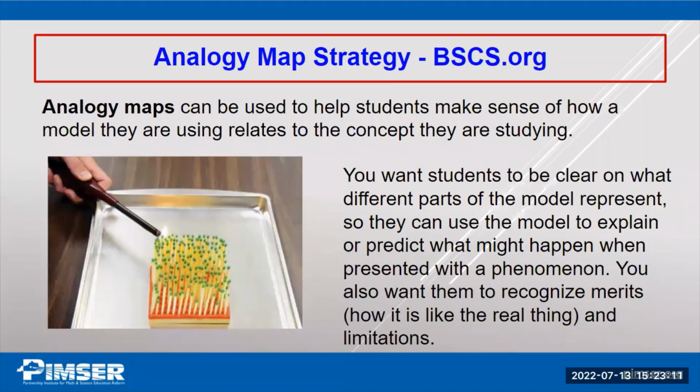You want students to be clear on what the different parts of the model represent, so they can use the model to explain or predict what might happen when they're presented with a phenomenon. You also want them to recognize the merits, how the model is like the real thing, and possibly think about some limitations.